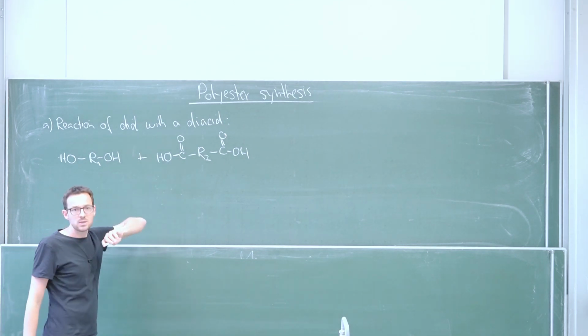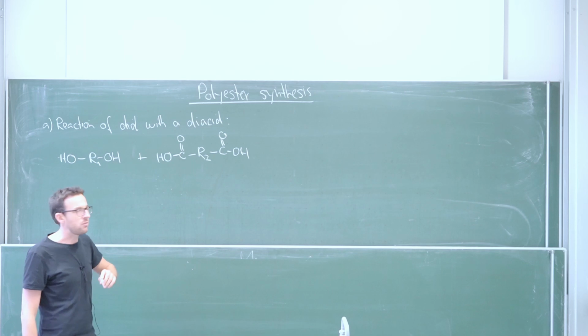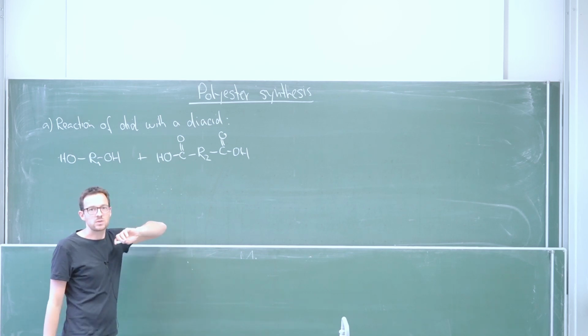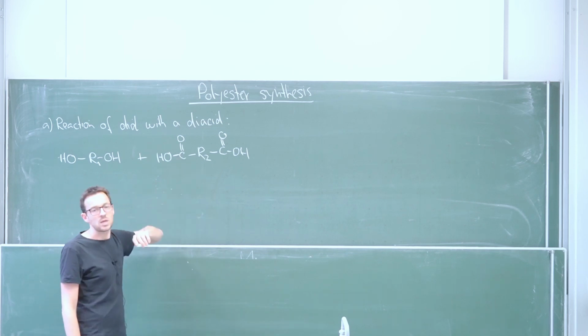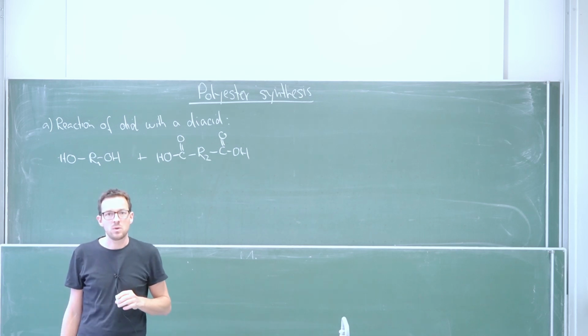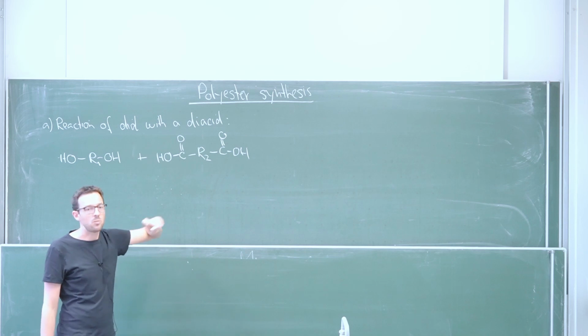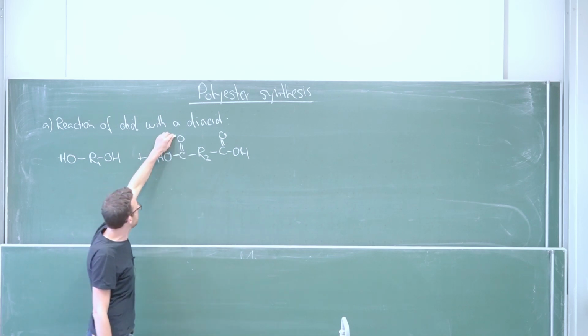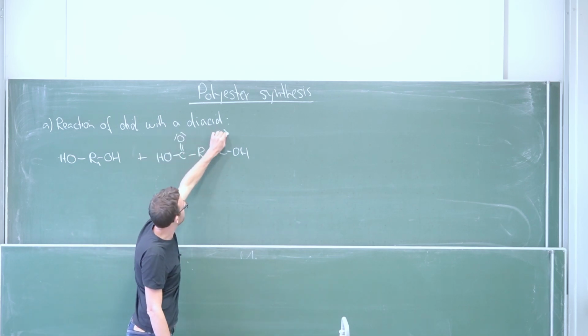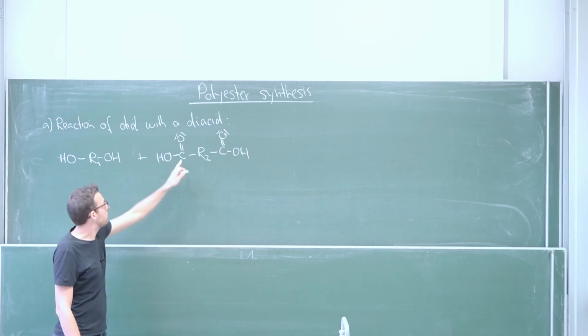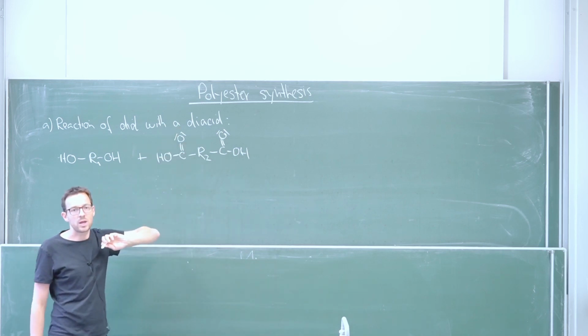Start with the diacid. The reactive center here is the central carbon atom. And why is that? Oxygen is more electronegative compared to carbon. We have this carbonyl bond, and this oxygen has two free electron pairs that pull the electrons away from the carbon.